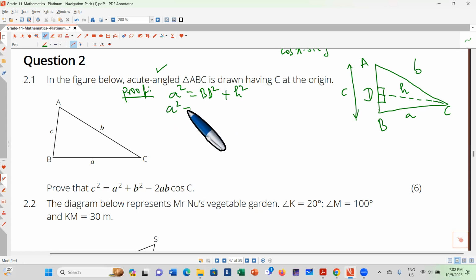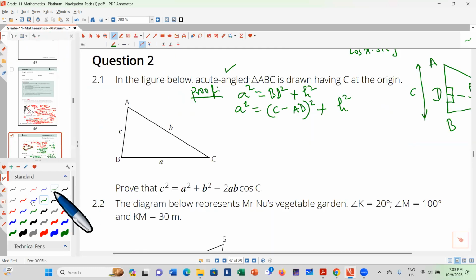So you have BD now. What is BD? BD basically is C minus AD. So C minus AD, plus then you have the H squared. What is this now?